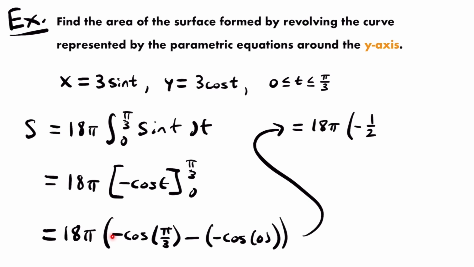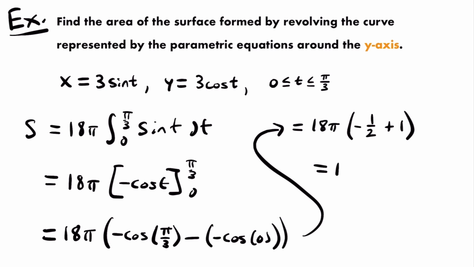We have that negative out front of the cosine function. So we have negative cosine of pi divided by 3, which turns out to be negative 1/2. And then we are subtracting negative cosine of 0, but those two negatives will cancel out. So we'll have plus cosine of 0, and cosine of 0 is 1. So we have negative 1/2 plus 1, and negative 1/2 plus 1 will be positive 1/2.